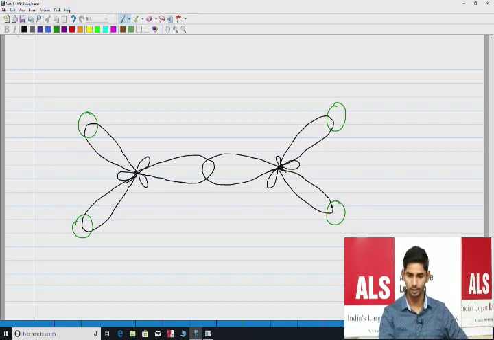Okay. Now we are left with the 4th orbital. And this 4th orbital won't be the hybridized orbital, that will be the normal orbital. Okay. So I'm going to draw the normal orbital over there.